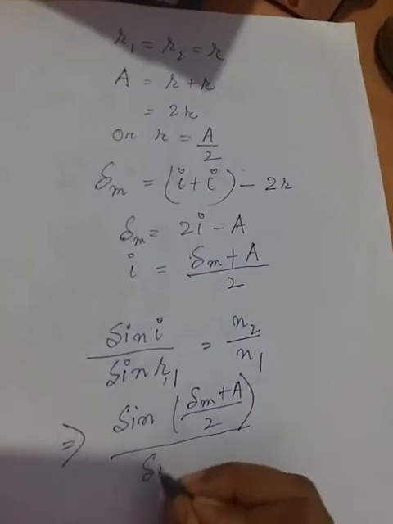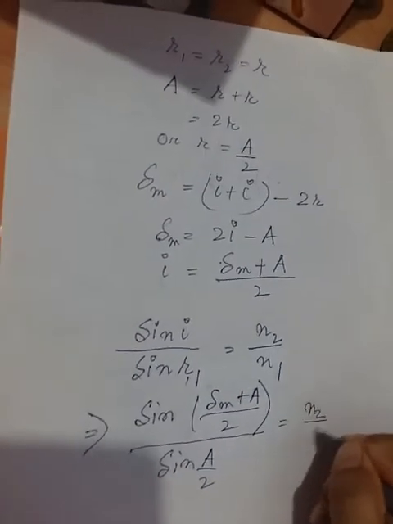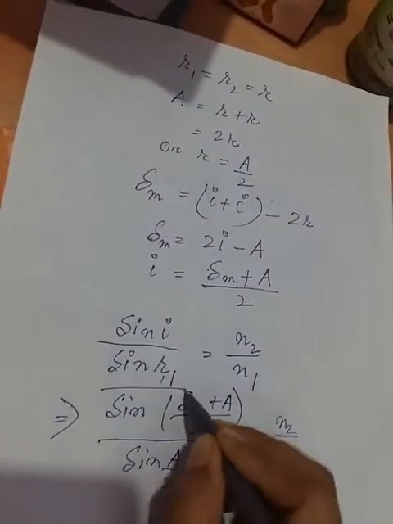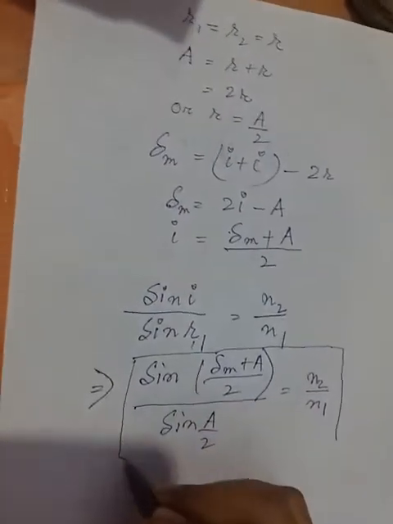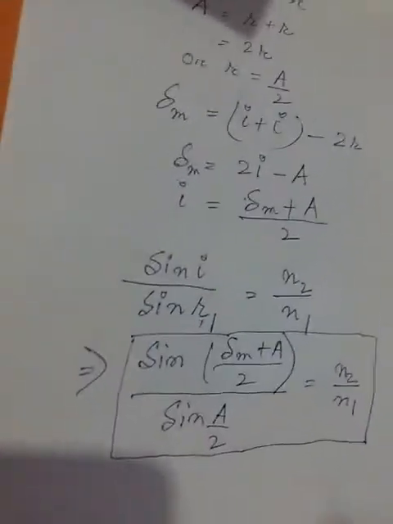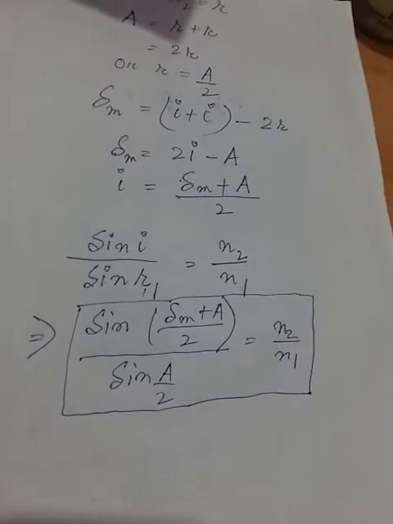So sin((delta M plus A)/2) by sin(A/2) equals N2 by N1. So this is your expression for the refractive index in the case of a prism.